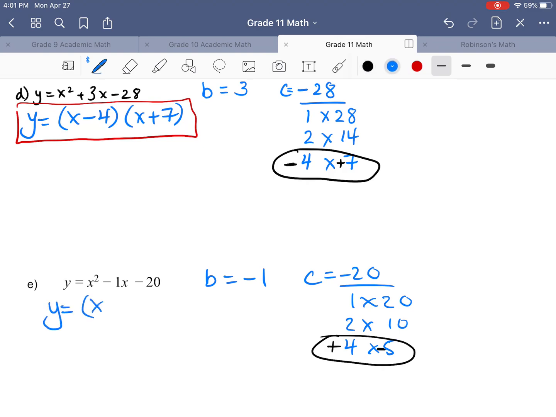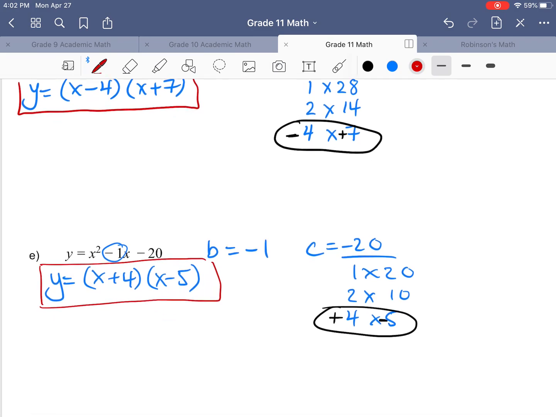So our factored answer is y is equal to x plus 4 times x minus 5. And it does matter where the sign goes, because we need to have a negative 5 in order to get this negative 1. If we get a negative 4 and a positive 5, that would give us a positive 1 when we add them together. So it's important to keep the signs correct.